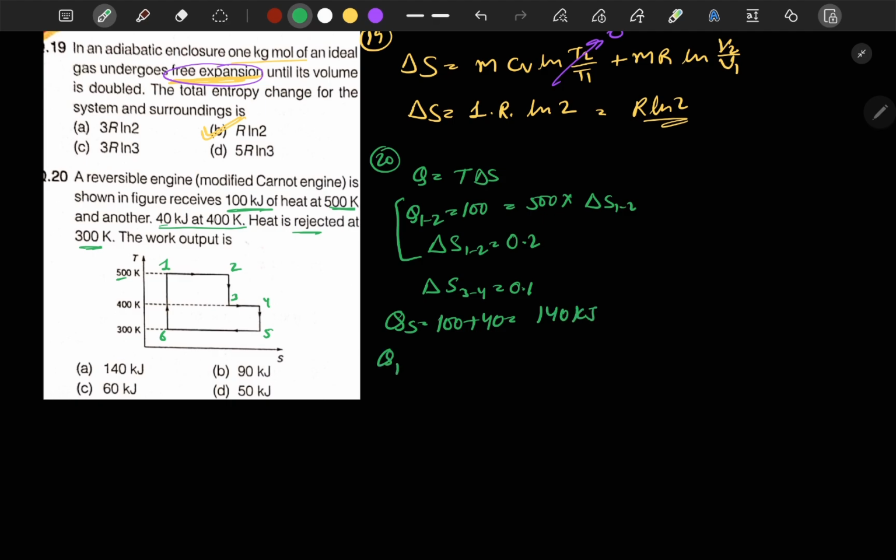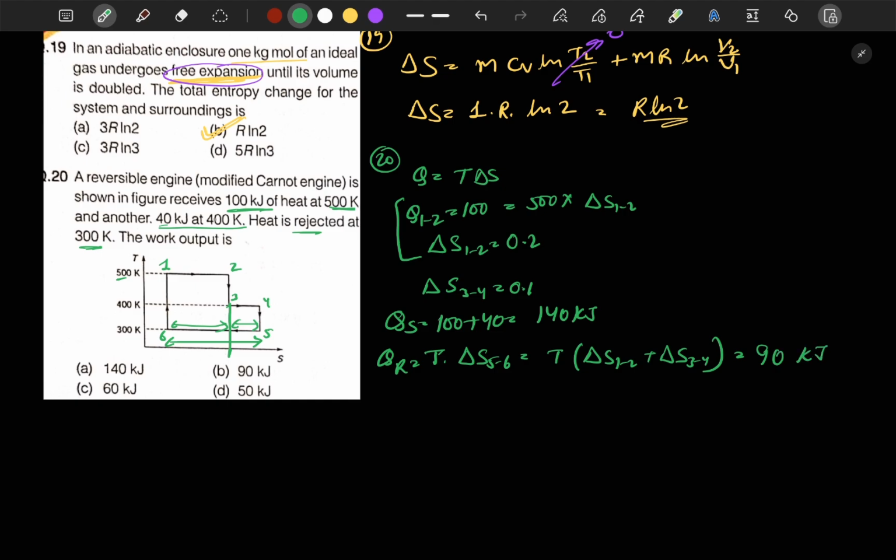Now we can calculate heat rejected is equal to T times delta S from 5 to 6, and this delta S will be equal to delta S of 1 to 2 plus delta S of 3 to 4. Substituting values, we get 0.3, and multiplying it with 300, we get 90 kilojoule.